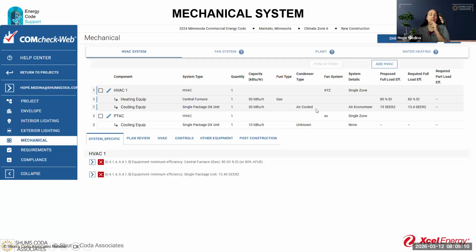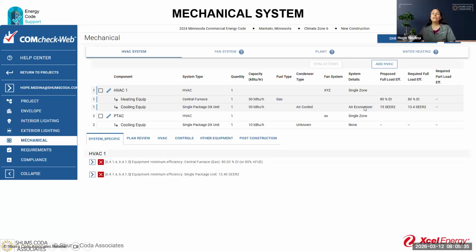It also tells us what type of condenser it is: an air-cooled condenser. Then it includes things like our fan system, which is listed here, and we'll talk about that in a minute. And then very specific details for the design of the system: it's a single zone.